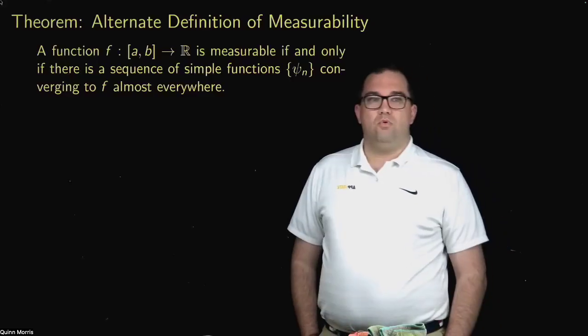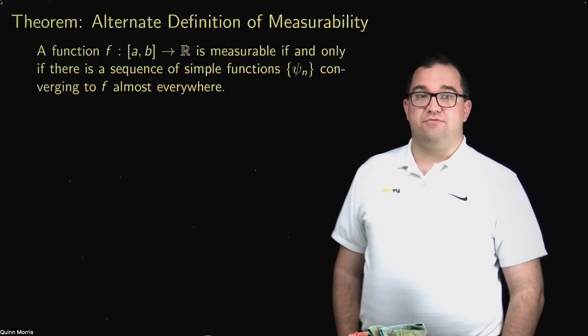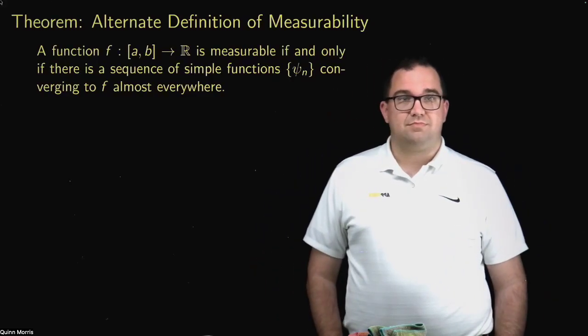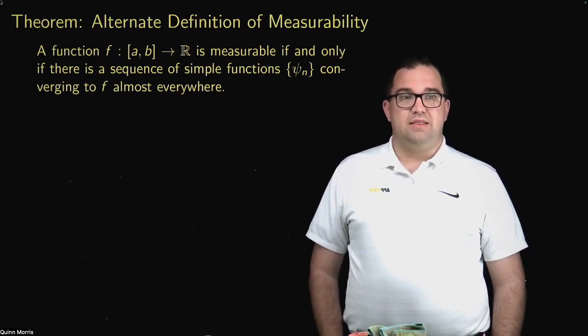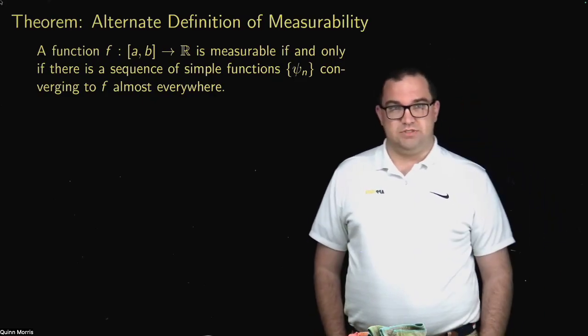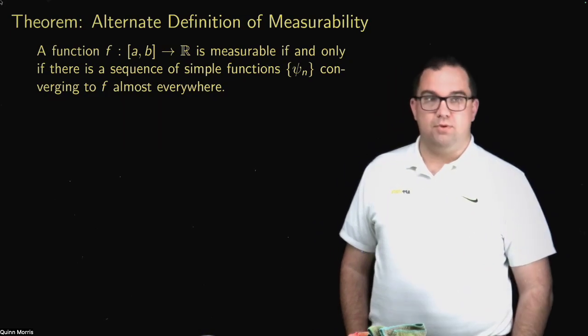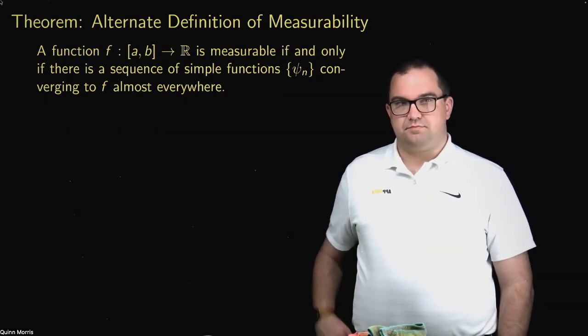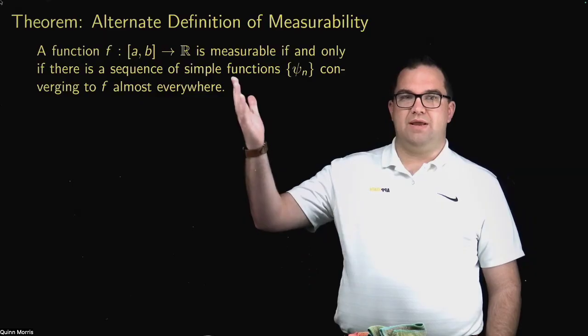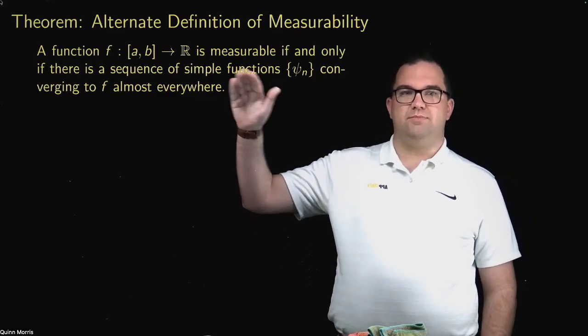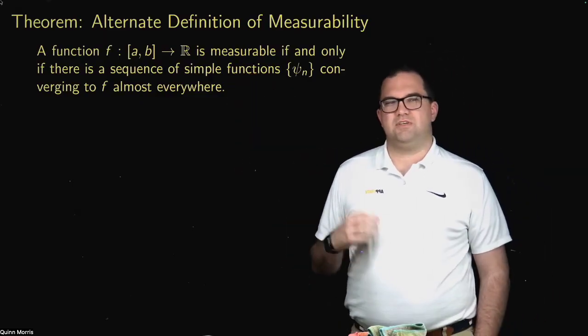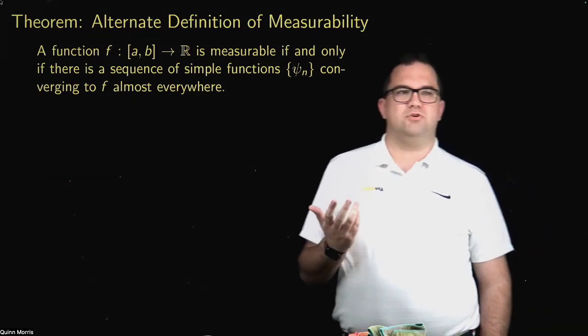Okay. So the theorem says a function f is measurable if and only if there is a sequence of simple functions converging to f almost everywhere. So again, one way to think about what this theorem is saying is measurable functions are almost simple functions, right?